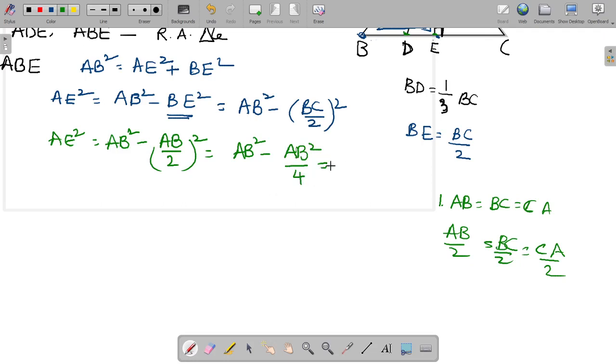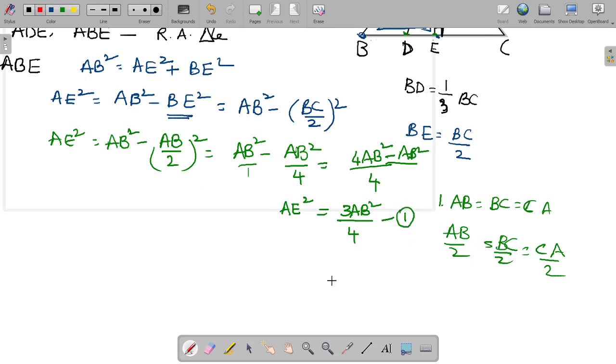LCM is 4. 4 into AB square is 4AB square, minus 1 AB square, is equal to 3AB square by 4. So AE square is equal to 3AB square by 4. This is equation number 1.